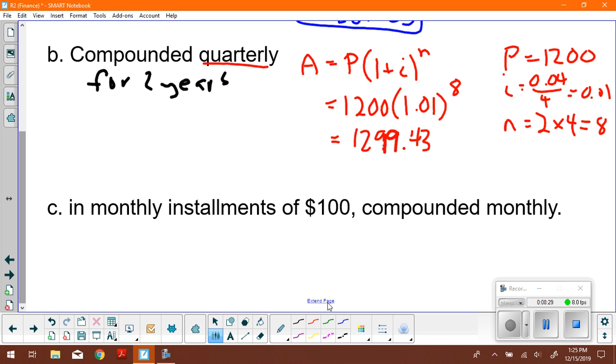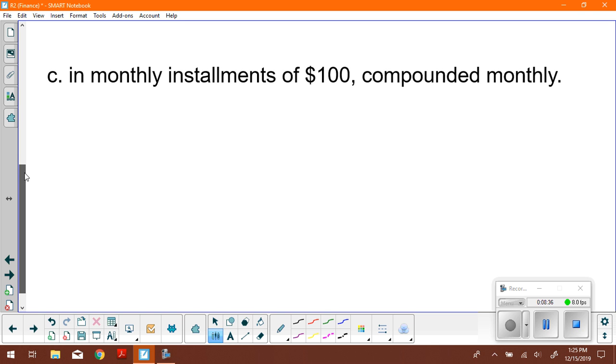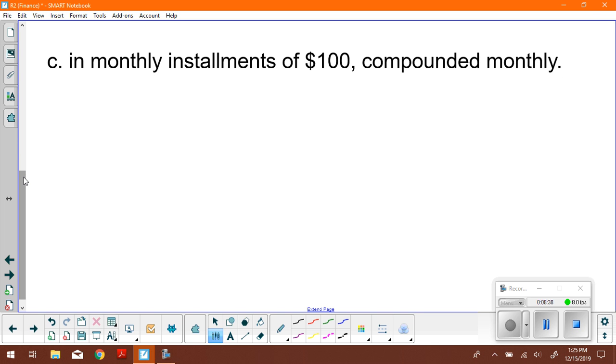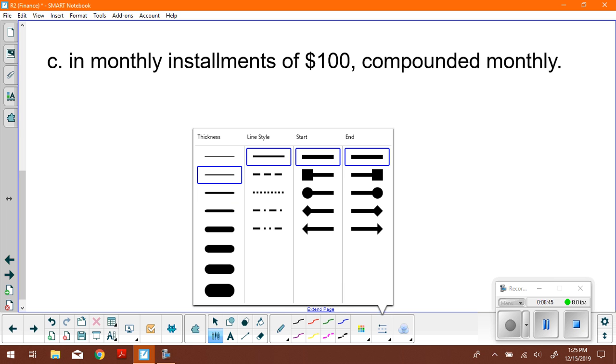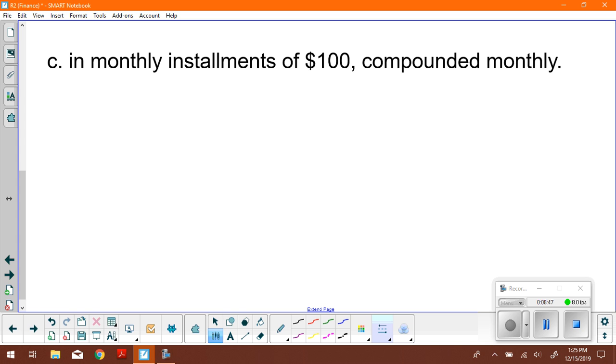Okay, part C, again, same investment, but we're going to deposit it in monthly installments of $100 compounded monthly. So that means for this one, we have an annuity, because I'm making regular installments. So we have our PMT, our regular payment, which is $100. I, so we have 0.04.